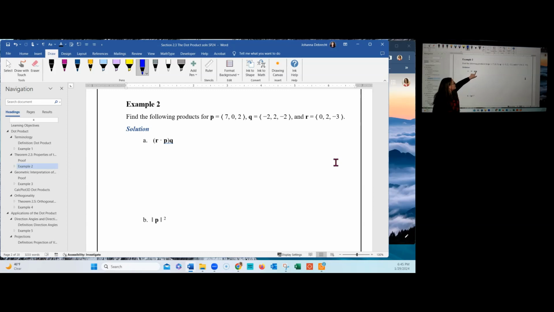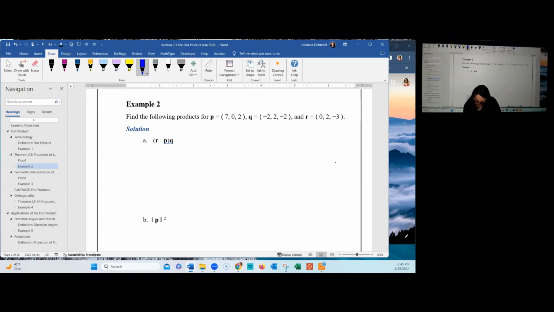Notice there's no dot between the parentheses and the q. Why not? Well, r dot p is a scalar. A scalar times a vector gives us back a vector, but we don't use the dot notation between a scalar and a vector. So first we're going to do the dot product.